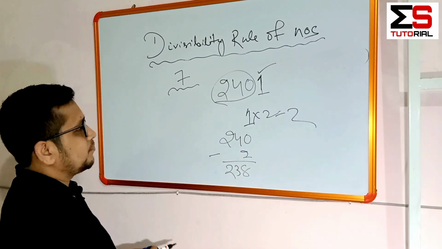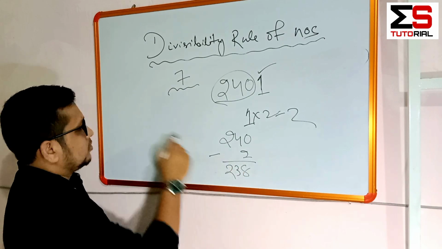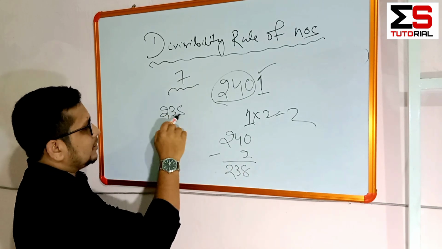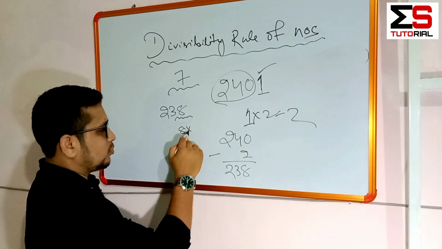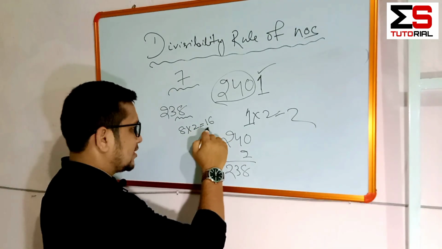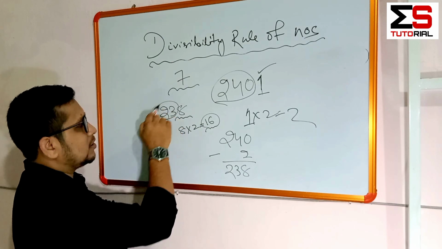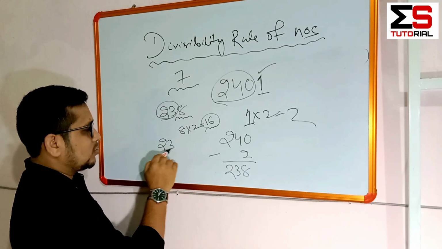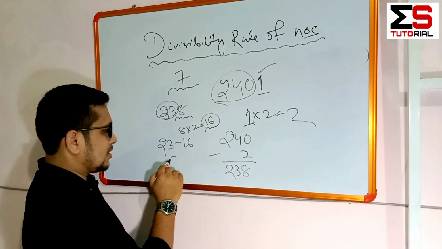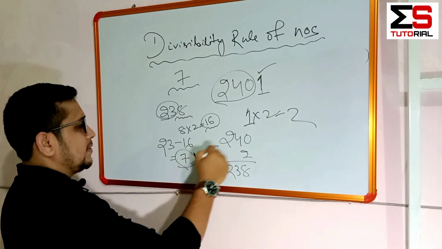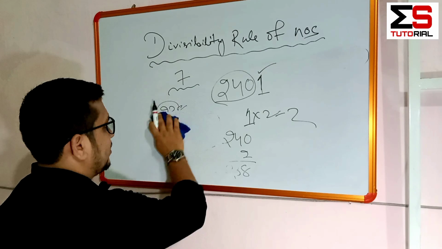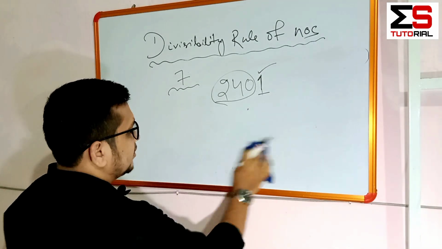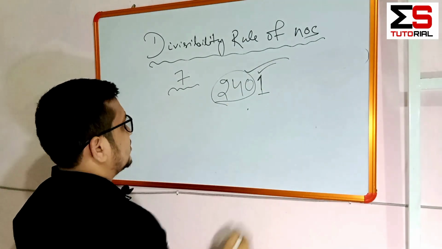In 238, 8 is in the unit place and we multiply it by 2, that is 16, and the rest of the number is 23. 23 minus 16 is 7. 7 is divisible by 7, so this number is divisible by 7.